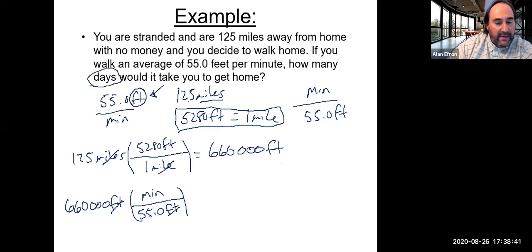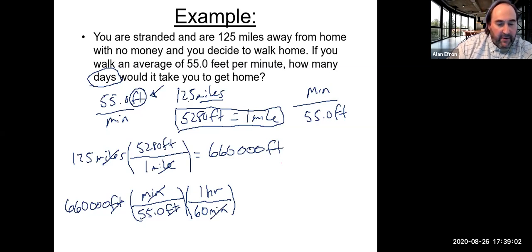So I do need to now do a couple conversions perhaps to get me to days. Again, here going opposite in terms of the units. Minutes are on top, so I do know that there are 60 minutes in 1 hour. Again, opposite location for those units so that they cancel.